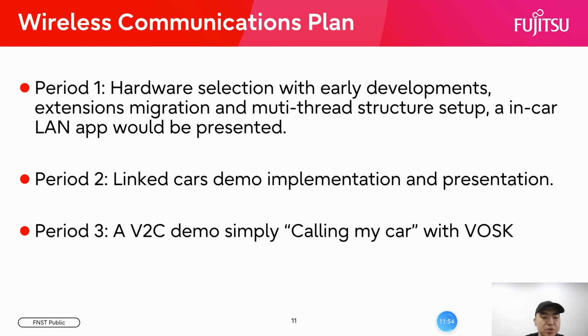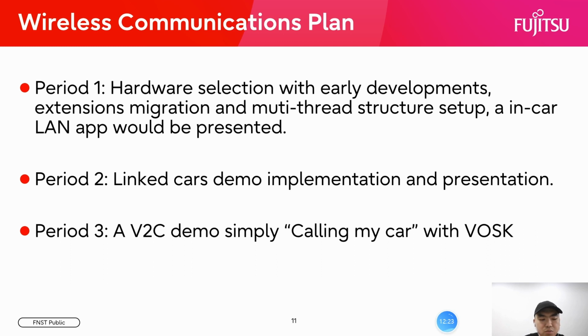My wireless communication research plan is roughly divided into 3 stages. The first period is to select the hardware and do some early development. Because it involves hardware, I may need to develop the modules separately, and then I will integrate them into the whole system.